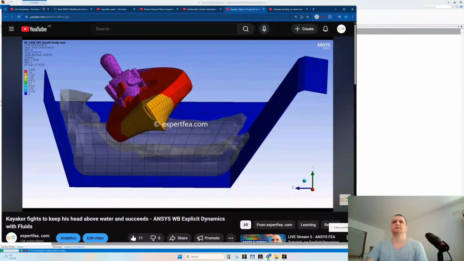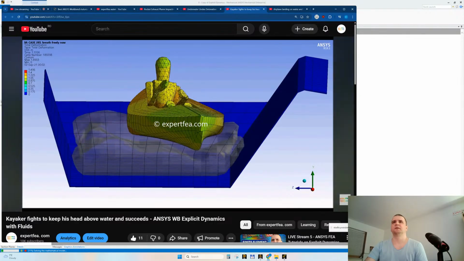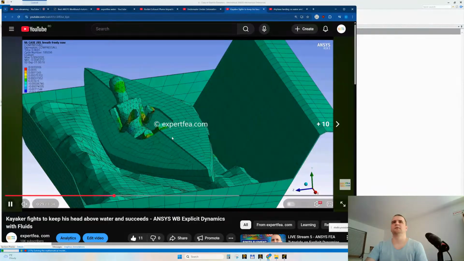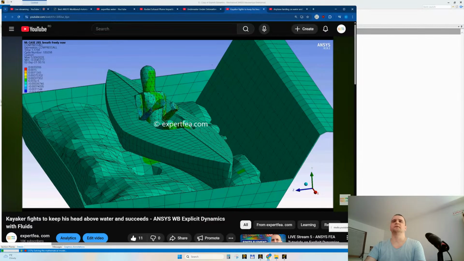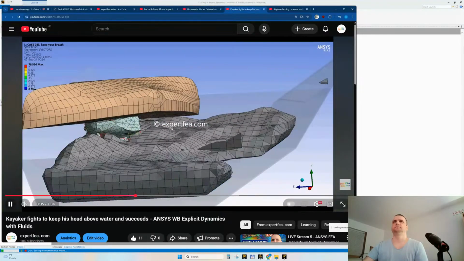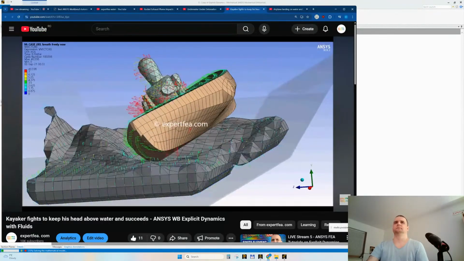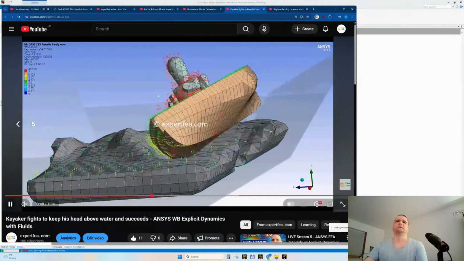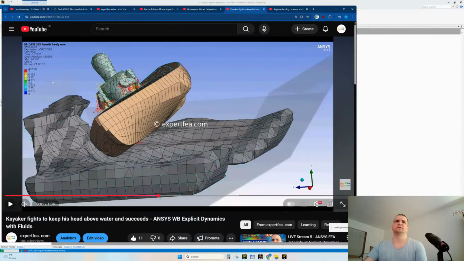So this is a kayak sportsman. He's being launched, and there are two cases: when he stays under the water and when he floats. So you can see here the limit of the Eulerian domain. Yes, this is the limit, so it cannot exceed here.